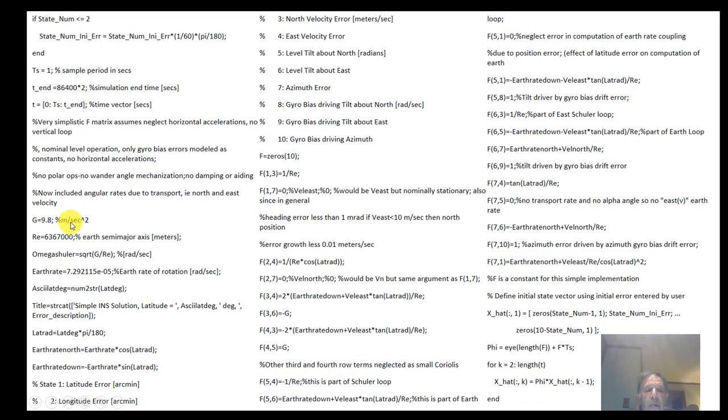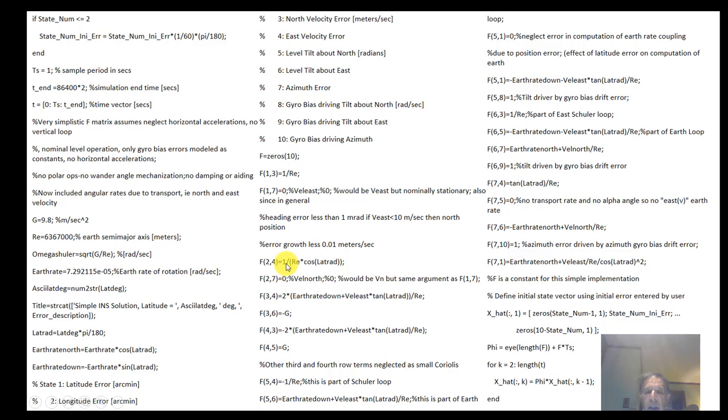In this program, we do include those terms that represent the coupling of gravity force with misalignments about the level axes, and that is the Euler loop. So some of these terms, for instance, the terms that include G, like F45 and F36, represent the Euler loop type terms.